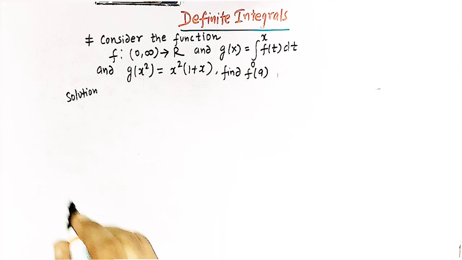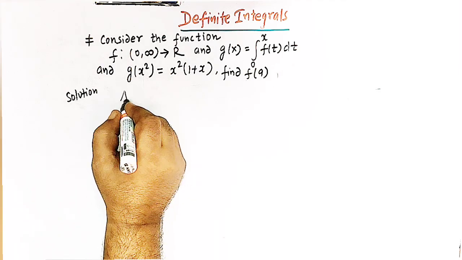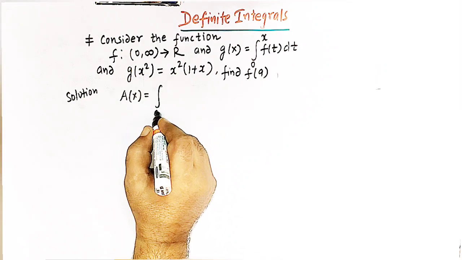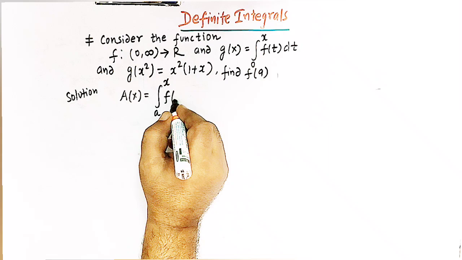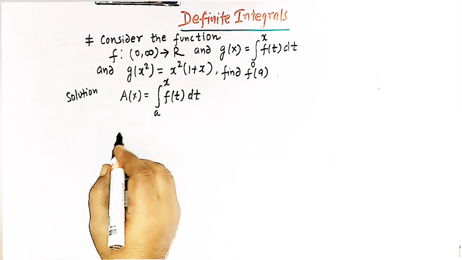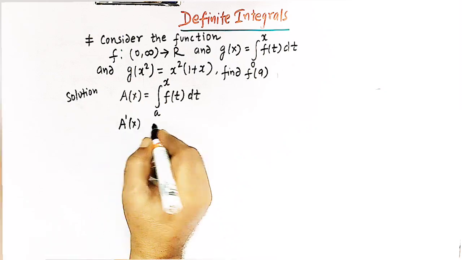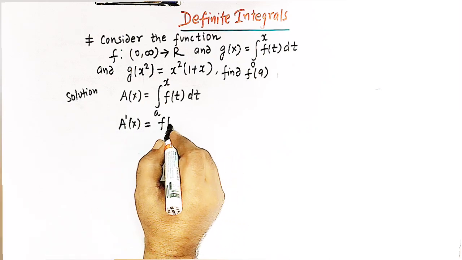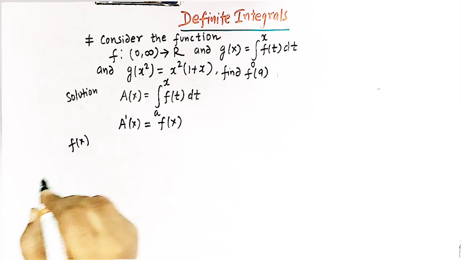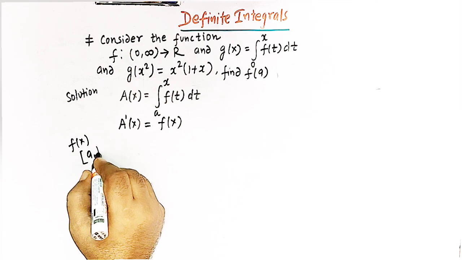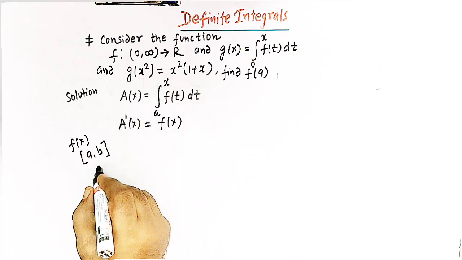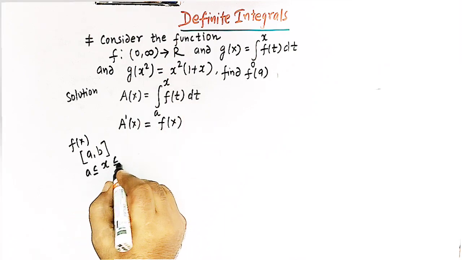The fundamental theorem says that if we have a function, say a of x, equal to the integral from a to x of f of t dt, then the derivative of a of x, that is a prime of x, is equal to f of x, where f of x is a continuous function in the closed interval a comma b, and the point x lies between a and b.